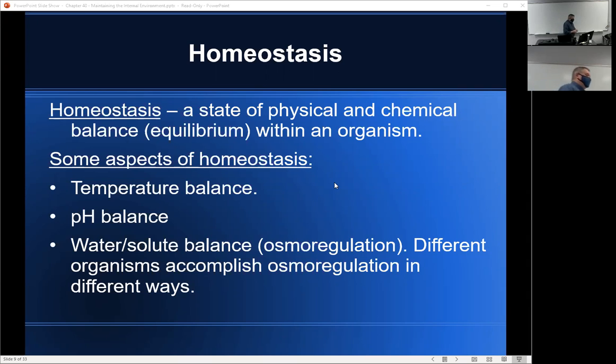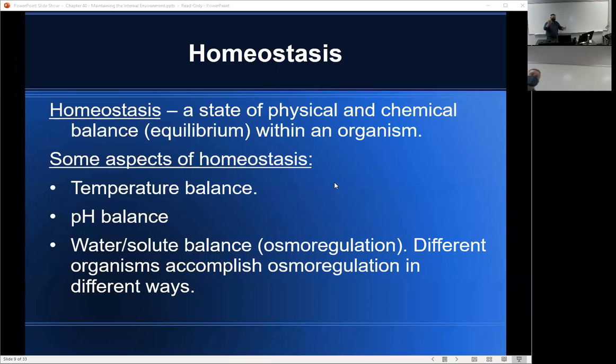pH balance. You may recall from lab number 5, when we blew carbon dioxide into the water that contained phenolphthalein and sodium hydroxide, the pH dropped. The carbon dioxide in our blood forms carbonic acid and bicarbonate.